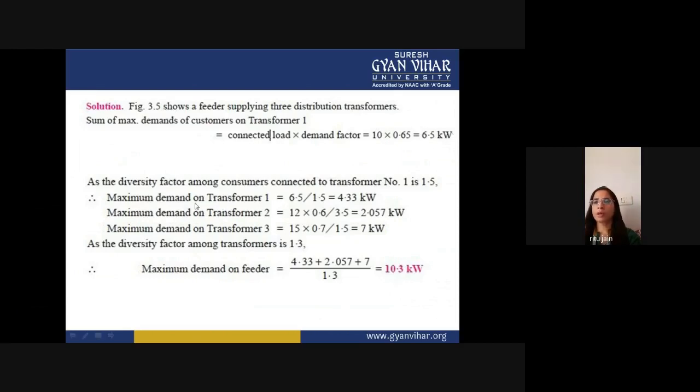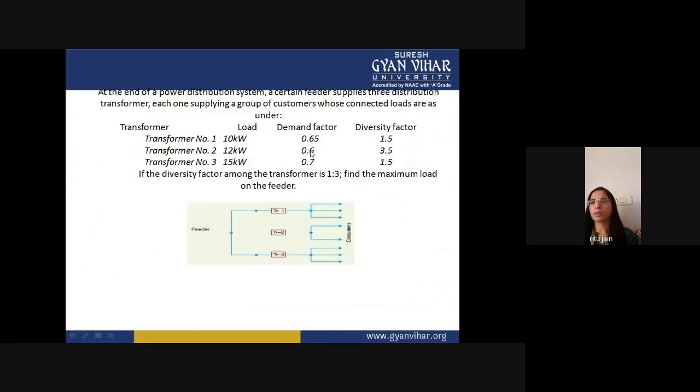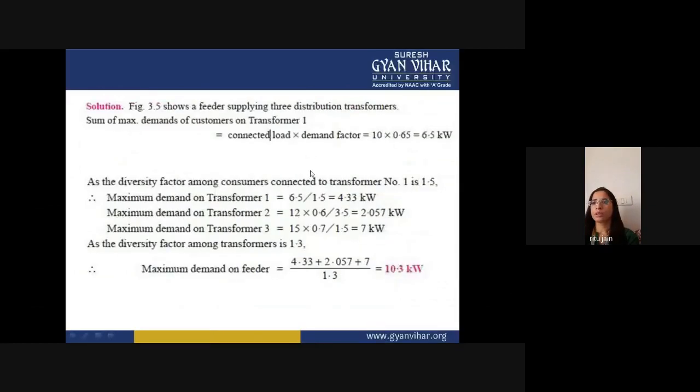Maximum demand on transformer 2 can be calculated by multiplying the demand factor into load, 12 into 0.6. This is your maximum demand, which is divided by your diversity factor, and you will get the maximum demand on this transformer.